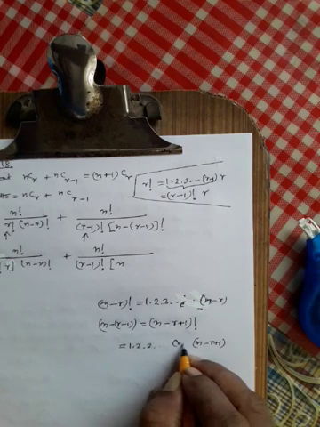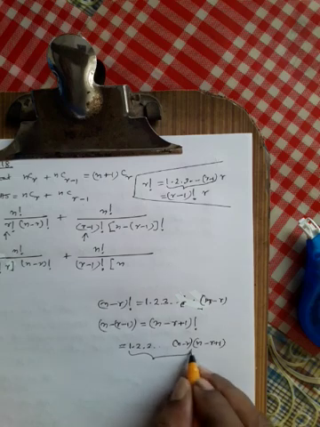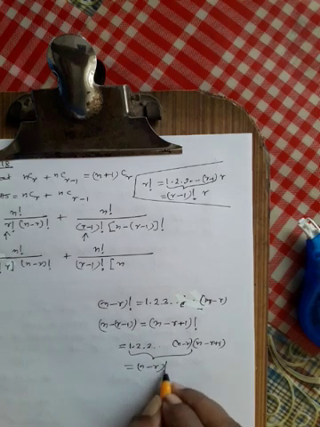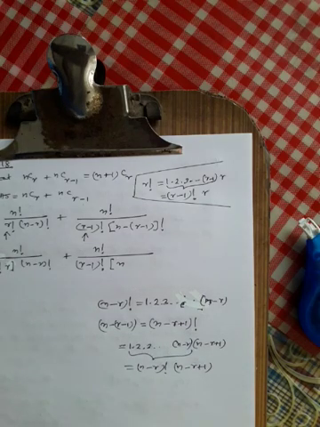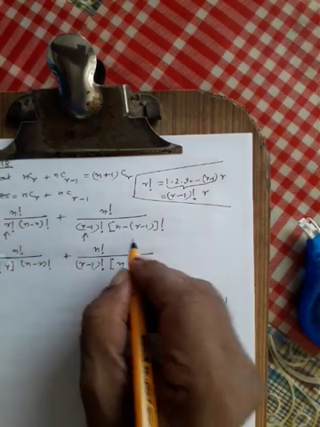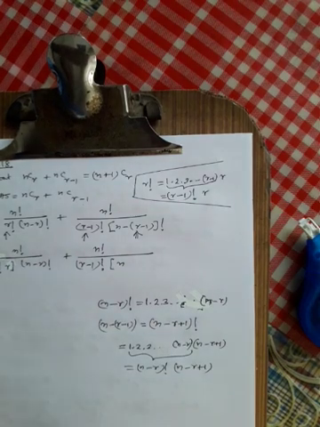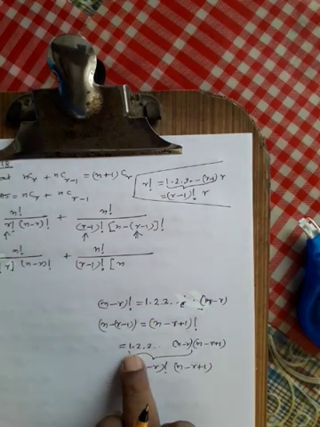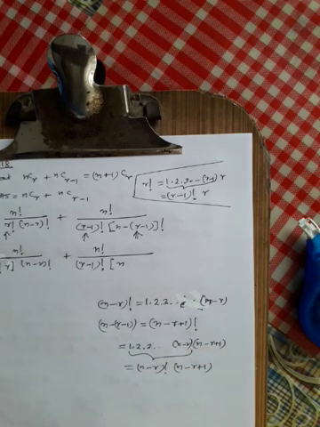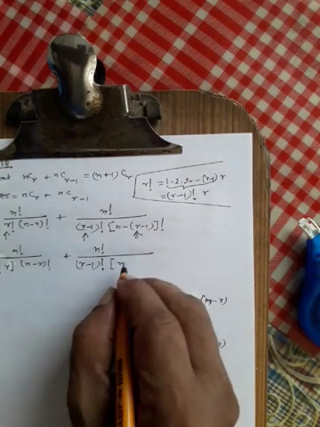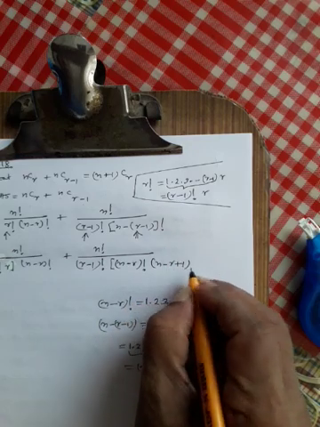The previous term is n minus r, so 1 to n minus r is (n minus r) factorial into (n minus r plus 1). So in fact this is smaller and this is greater, because the plus 1 is extra. (n minus r plus 1) factorial is 1 to n minus r plus 1; the previous term is 1 smaller, that is n minus r. So we write this as (n minus r) factorial into (n minus r plus 1).